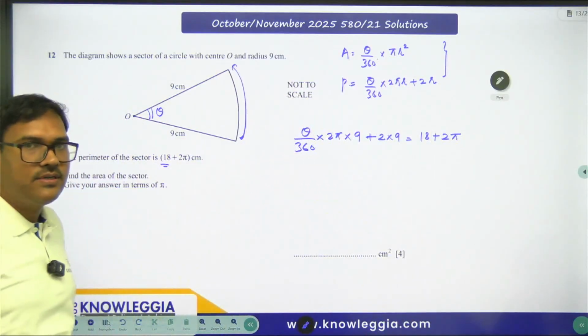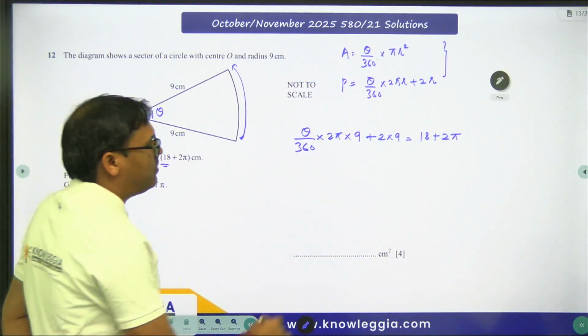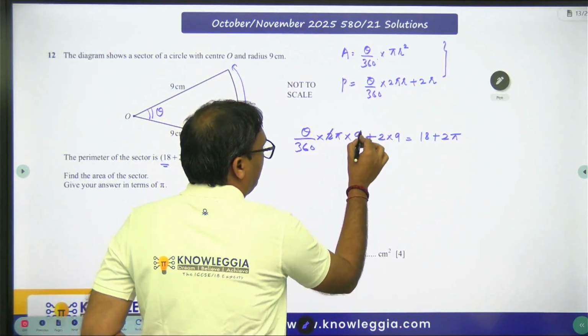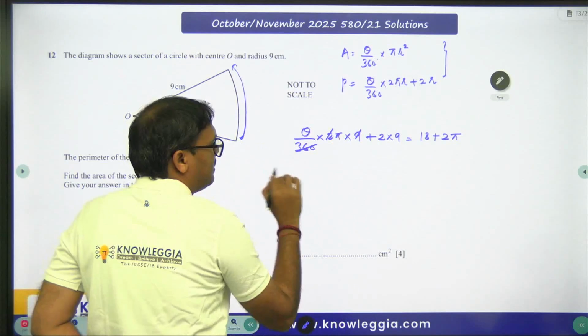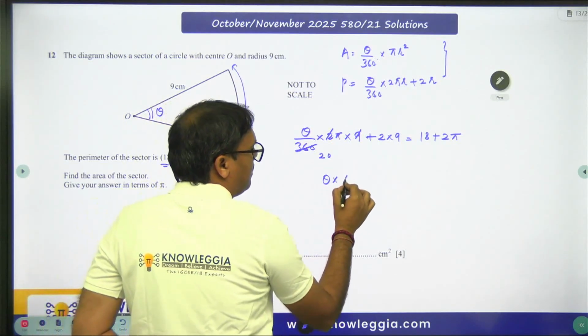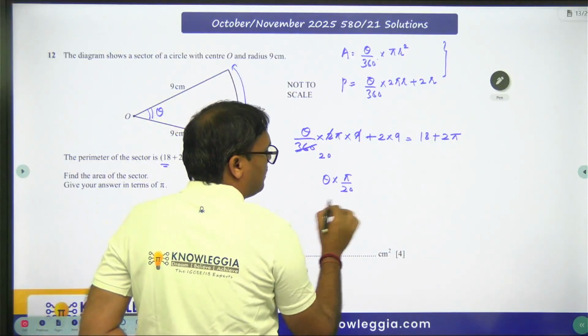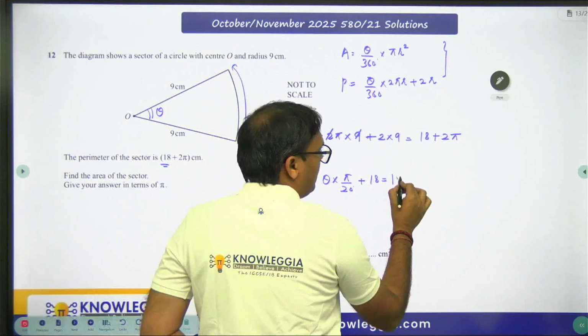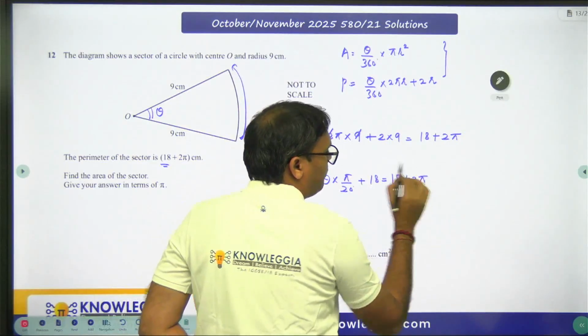Now using this, you can easily solve for theta. You can see this is 18 divided by 360, so this is 20. So this is theta into pi divided by 20, plus 18 is equal to 18 plus 2 pi.